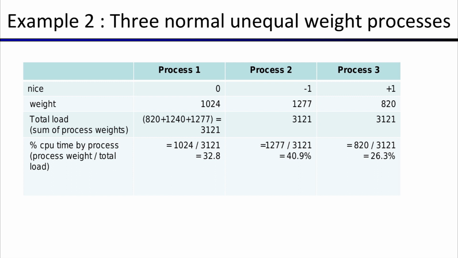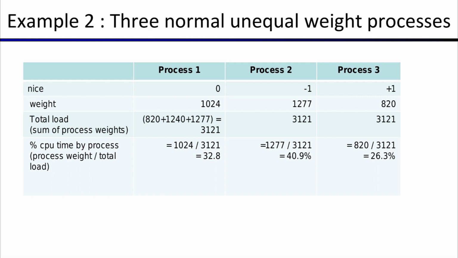We do the same formula, we get the total sum of the weights, which is 3121 when you add all these up. Then the percentage CPU time will be your weight divided by the total weight of all processes. So process 1 will get about 32.8%, being at the default nice value of 0.